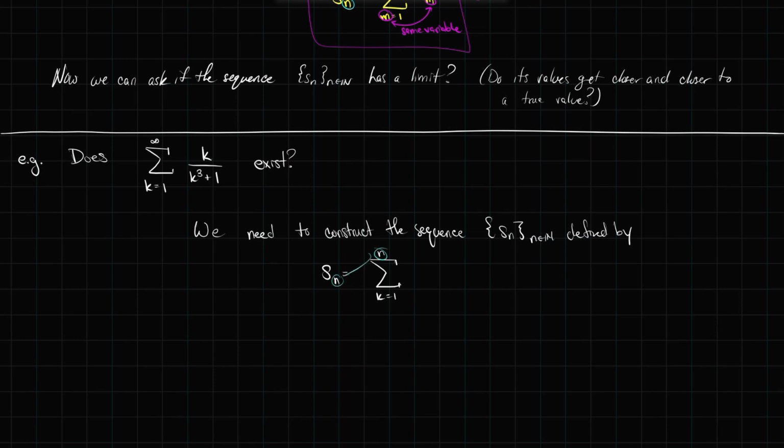So n and n, these are the two that compare to each other, and I can place a k inside of here, k cubed plus 1, then compute each entry of this sequence, and check if there is a limit.